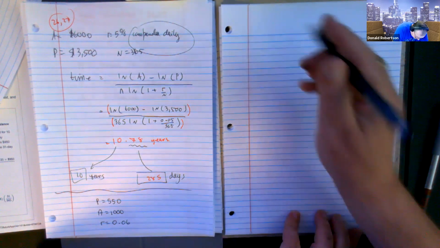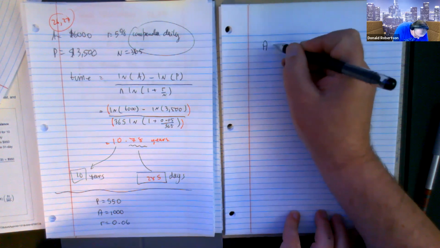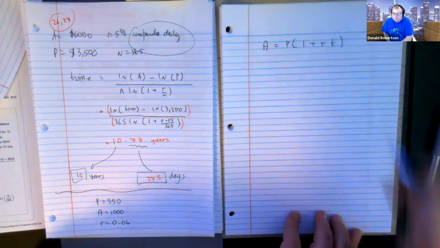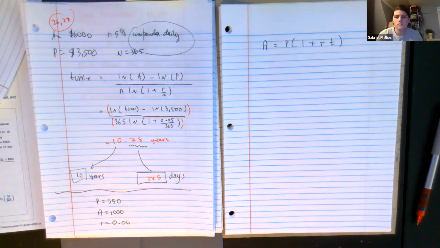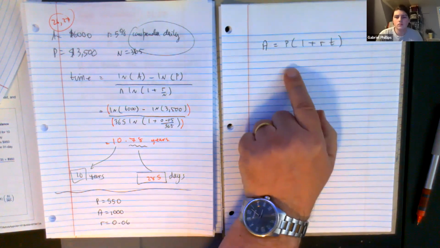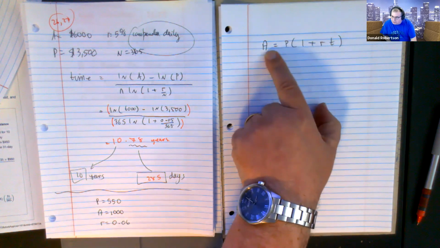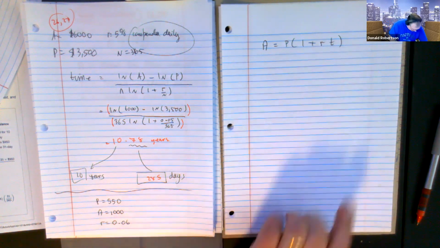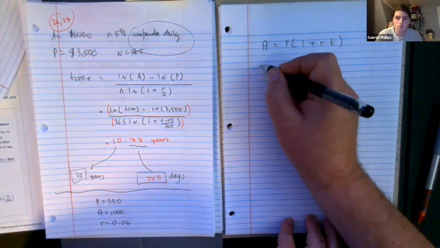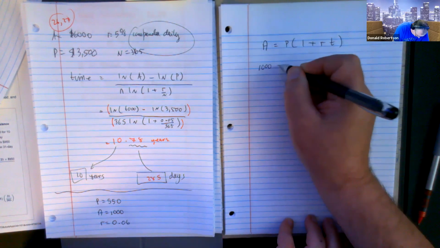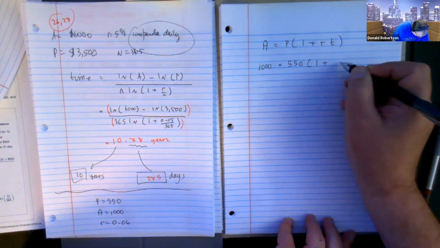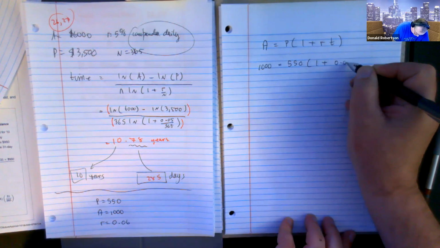So I'll show you what I mean. Okay. That's the formula I'm going to start with. That's the formula for what you would get with a simple interest story, the total amount, including the interest. So this guy is 1,000, this guy is 550, and this guy is 1 plus 0.06t.